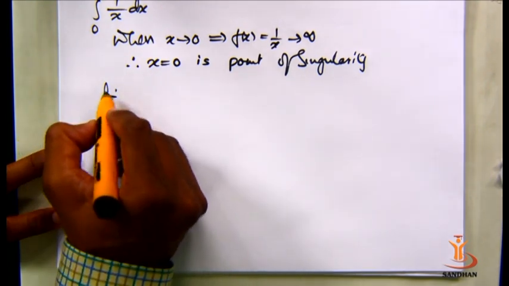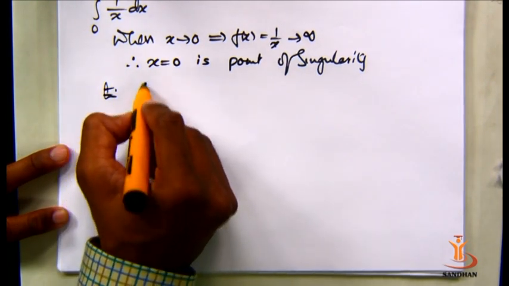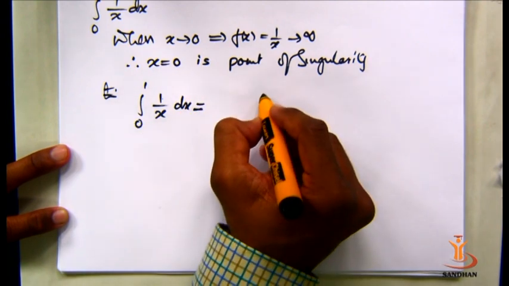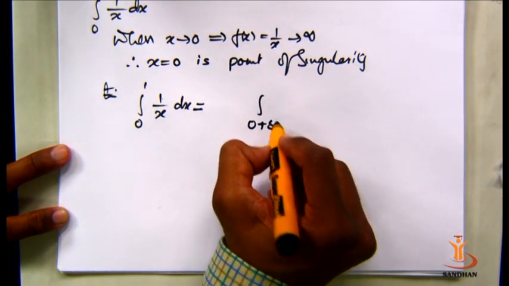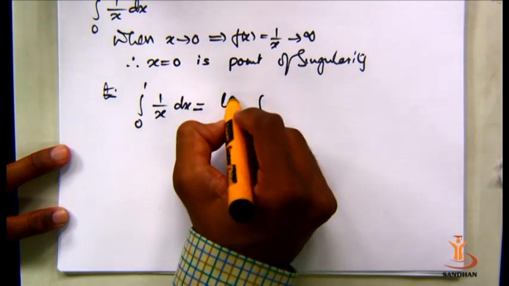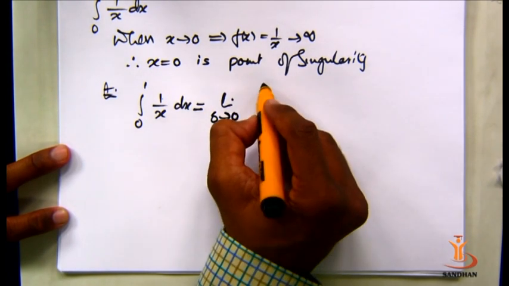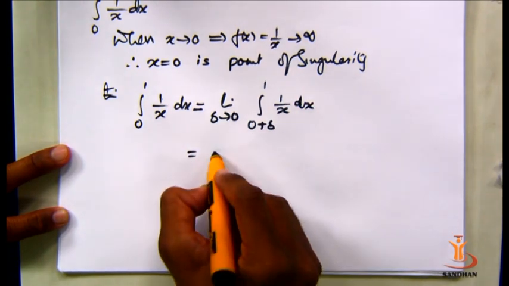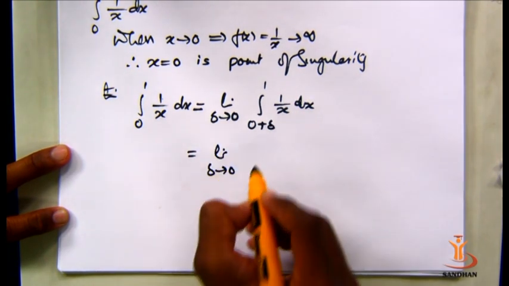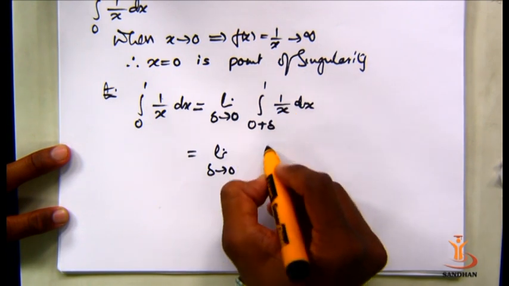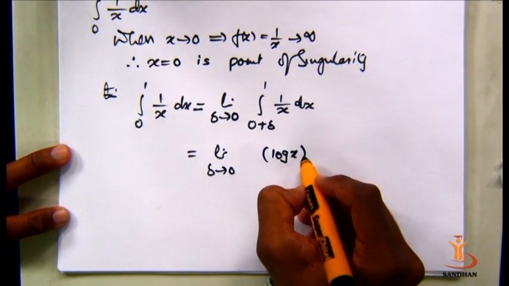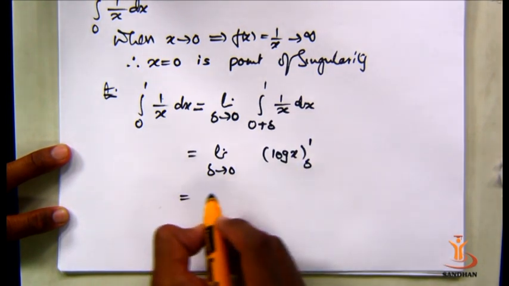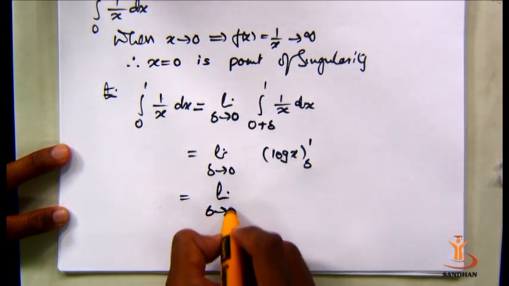We can consider integral 0 to 1 of 1 upon x dx as 0 plus something, delta, where delta tends to 0, to 1, 1 upon x dx. It is the limit as delta tends to 0 of the integration of 1 upon x, that is log x, between 0 plus delta, that is delta, and 1.